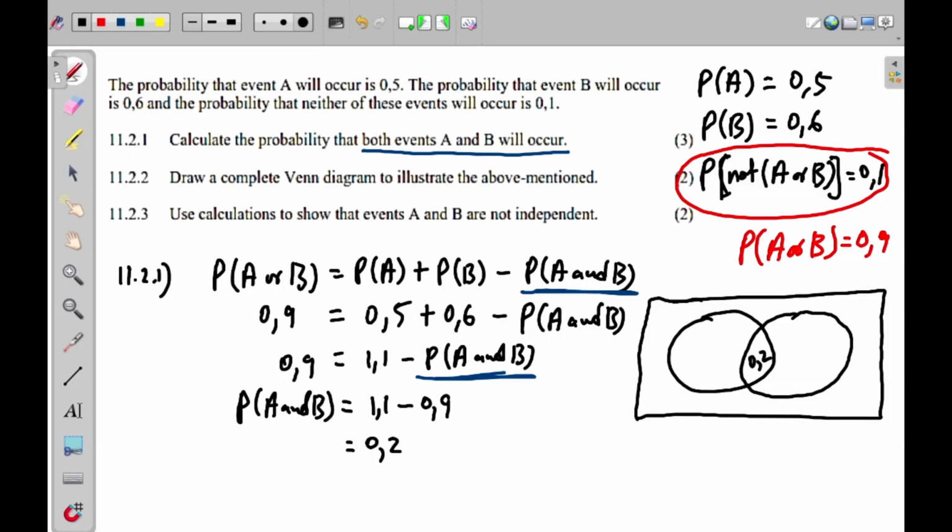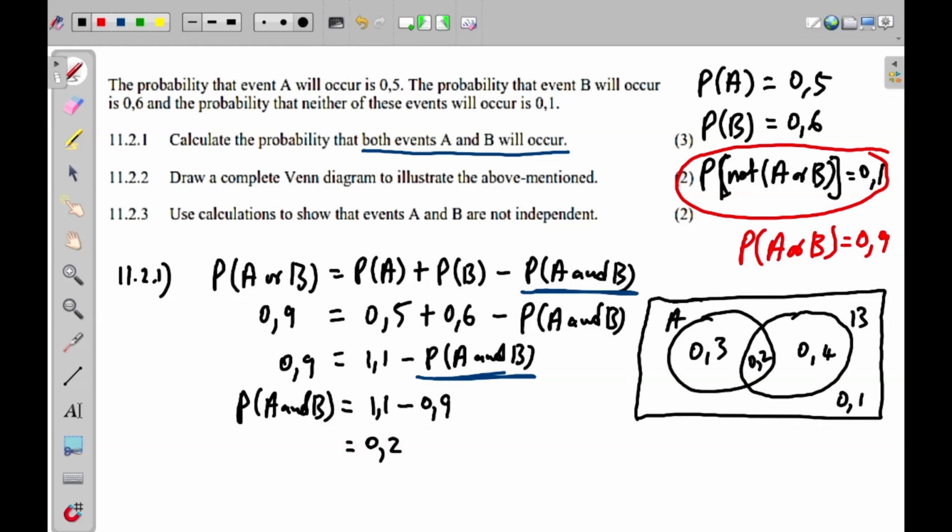But remember, probability of A is 0.5. So we have to subtract that 0.2 from the 0.5. And that will obviously give us a 0.3. The same thing with B. We have to subtract the 0.2 from the 0.6 so that we have a 0.4.